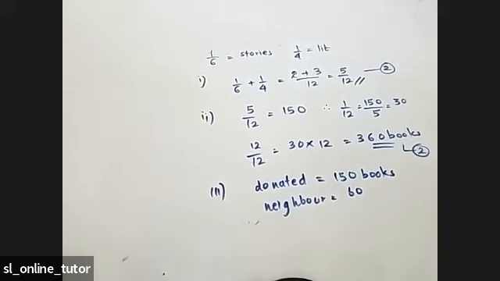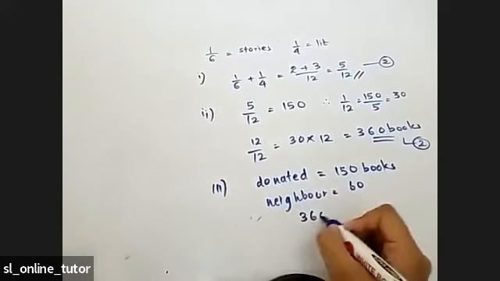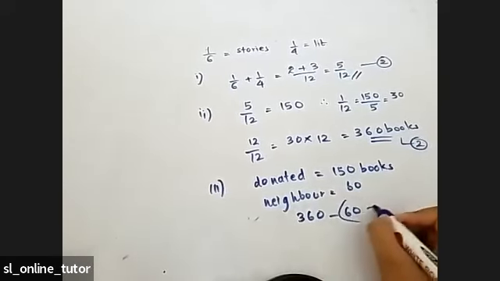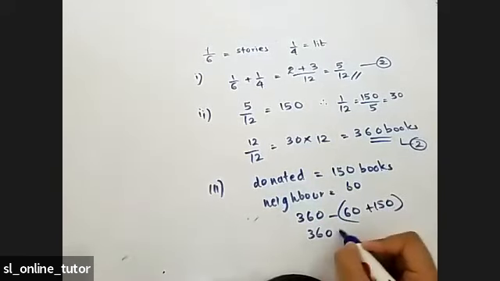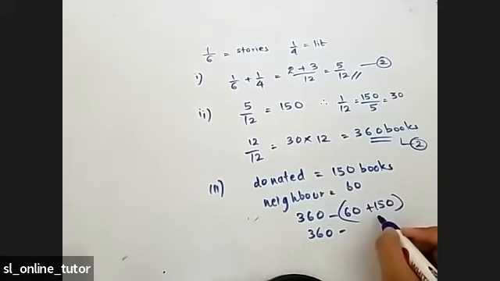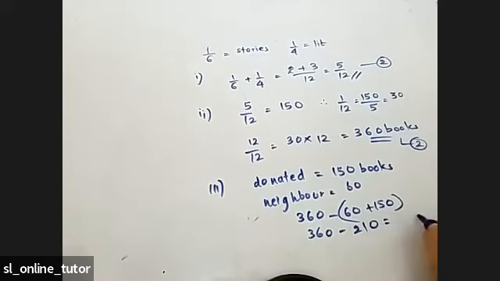Okay, rest means how much is remaining? From 360, you have to subtract 60 and 150. Can you understand? So you are getting how much? 210, right? Yeah, 210. So 150 again remaining. Yeah, 150 books are remaining.